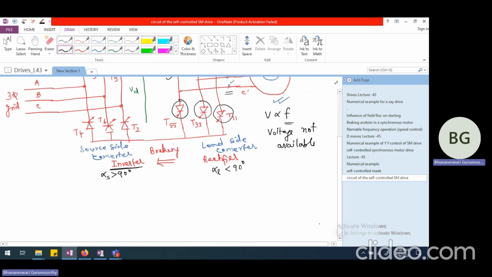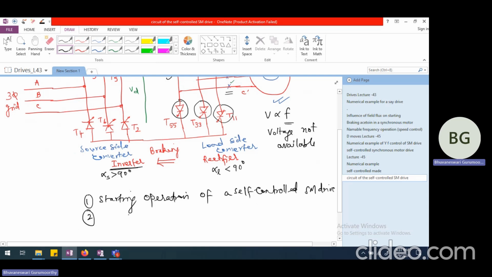So what we are going to look at first of all is the starting operation of a self-controlled synchronous motor drive. How exactly that works? That we have to find out.